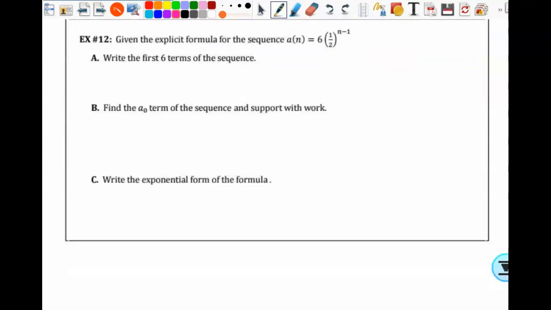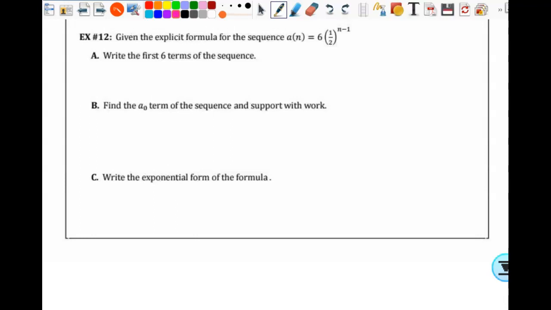All right, so let's look at example 12. Given the explicit formula, and this one's really just a hot mess, we're going to make this, if it's going to be like that, it really should be f of n. I mean, a of n works, g of n, but that's not really consistent in what we're doing. Okay, we're going to write the first 6 terms of the sequence.